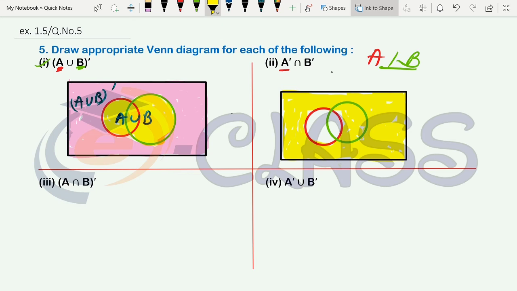So the yellow color region denotes the A complement.